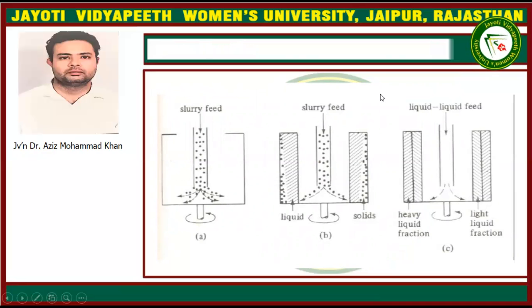These are the forces used for the separation of compounds, for the solid parts, for parts which have both liquid and solid components, and for liquid compounds which are heavy and light. Mostly we are discussing here the separation of solid parts from liquid.